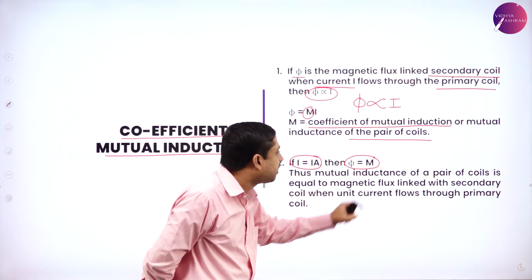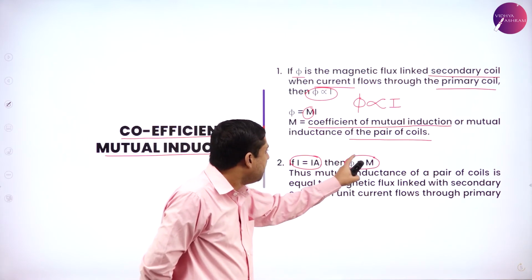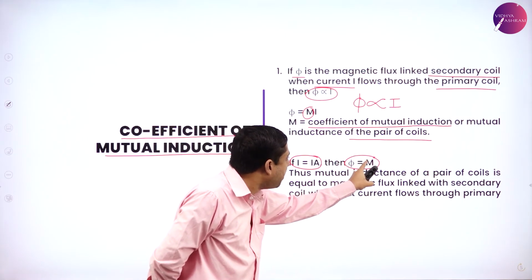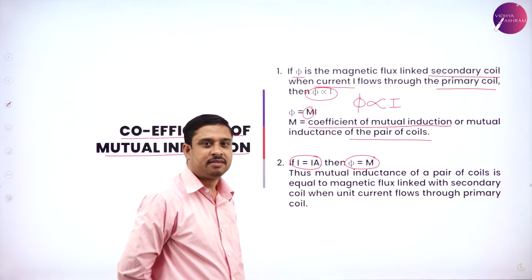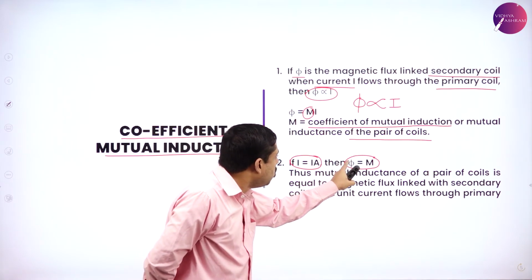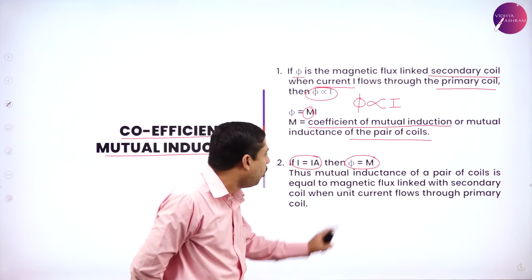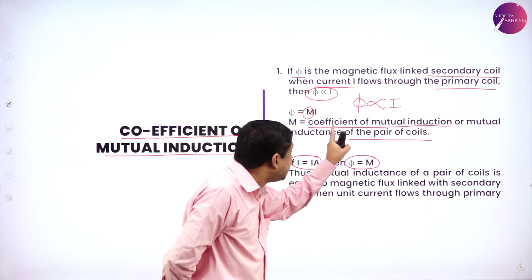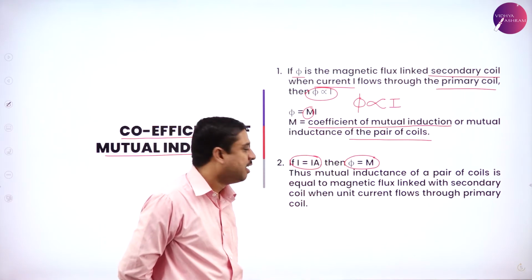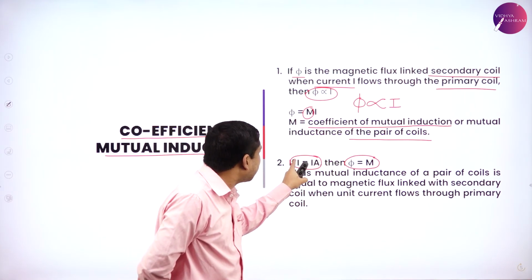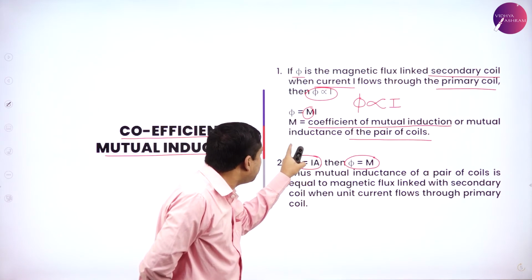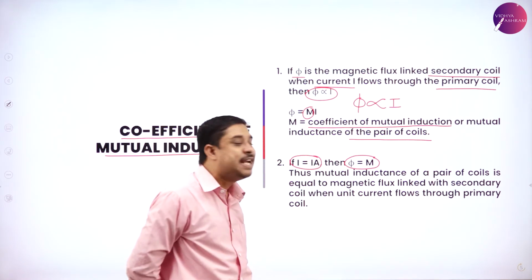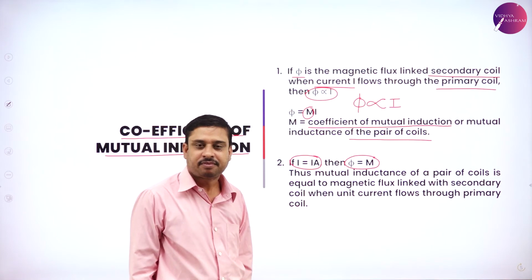Here, if I assume I is 1 ampere, then phi becomes equal to M, which means mutual inductance between a pair of coils is numerically equal to the flux linked with the secondary coil when the current flowing through the primary coil is 1 ampere.